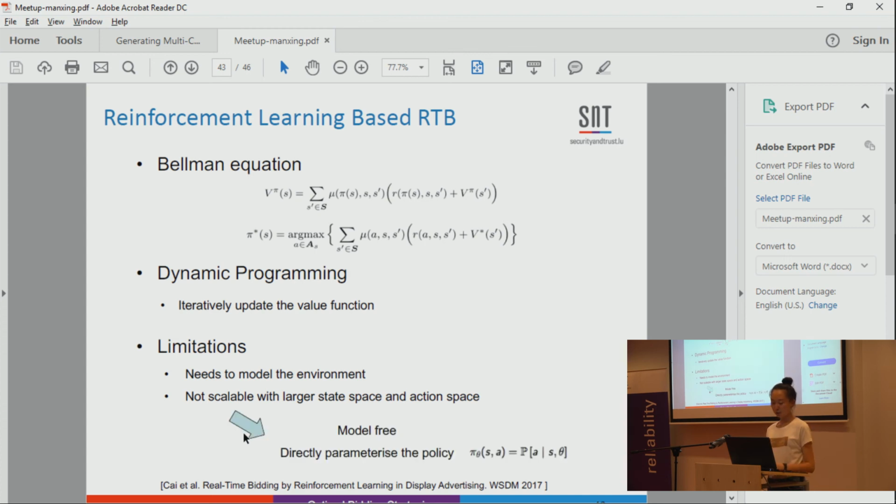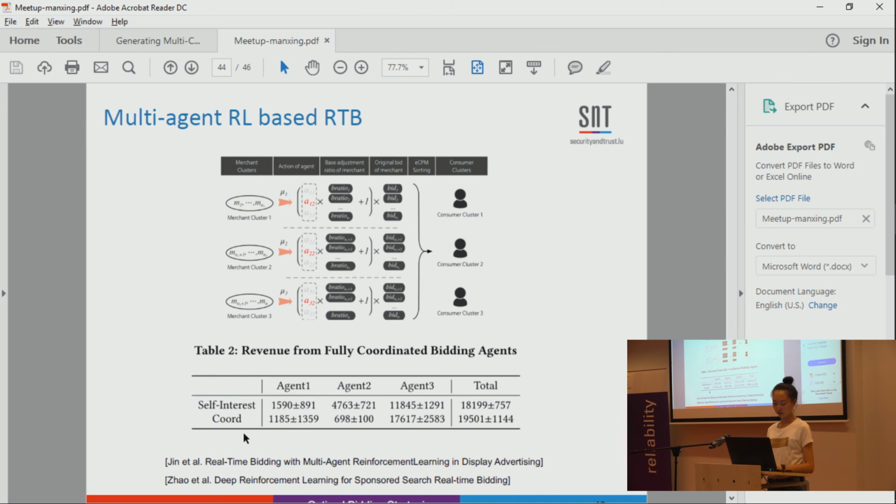So the trend is that we need to move forward to use model-free reinforcement learning, or we can also directly parameterize the policy. Here are just some recent papers published by some big Chinese companies. They use multi-agent reinforcement learning based RTB. In this case, it's because they have multiple advertisers, so it's really hard to train one model per advertiser.